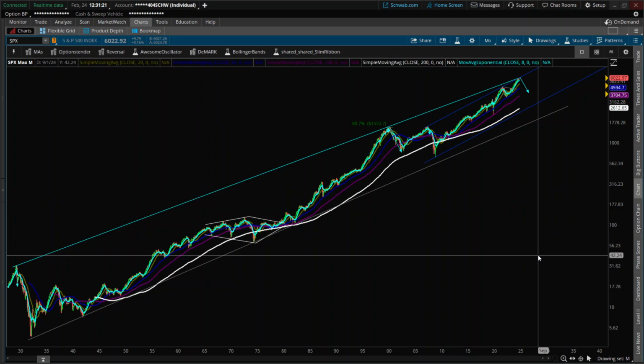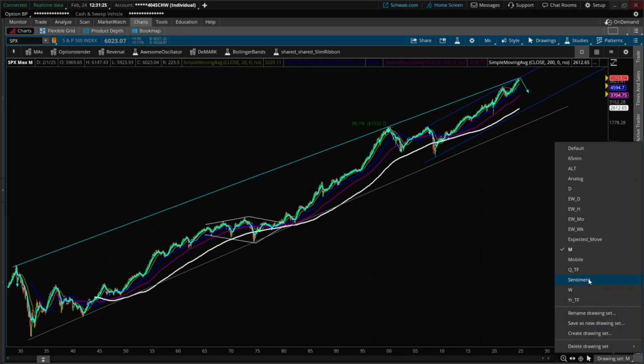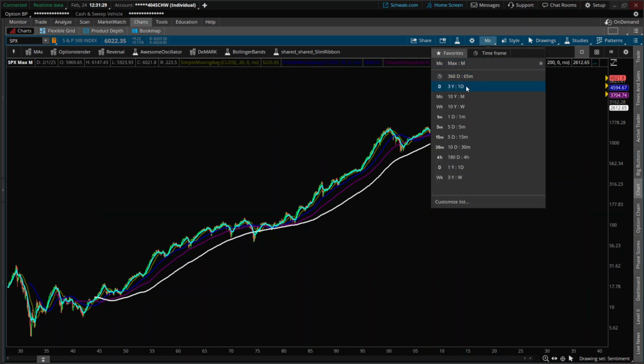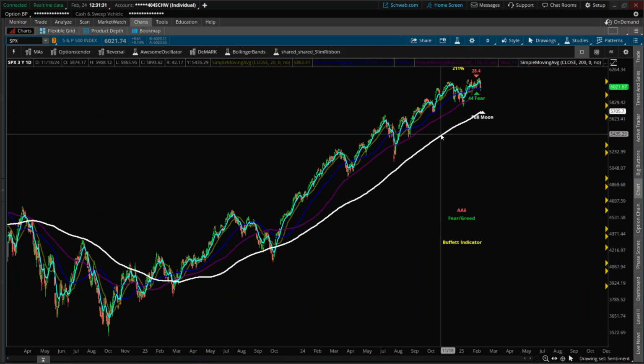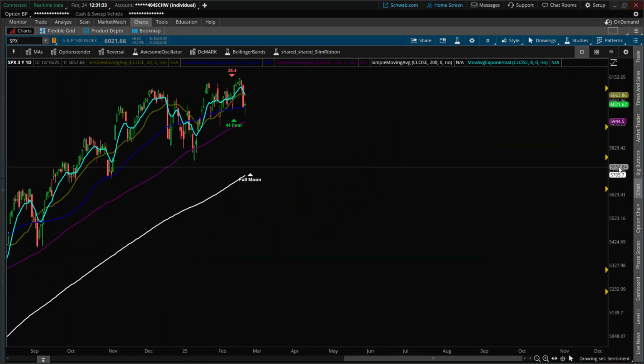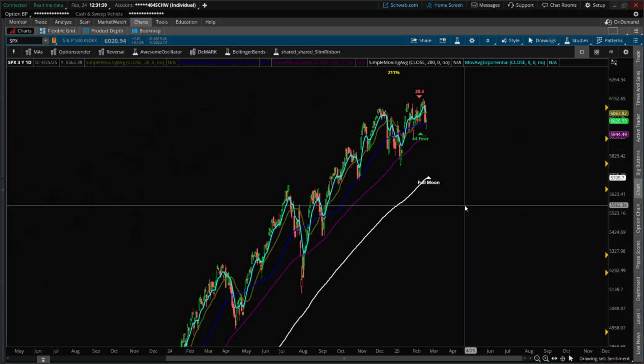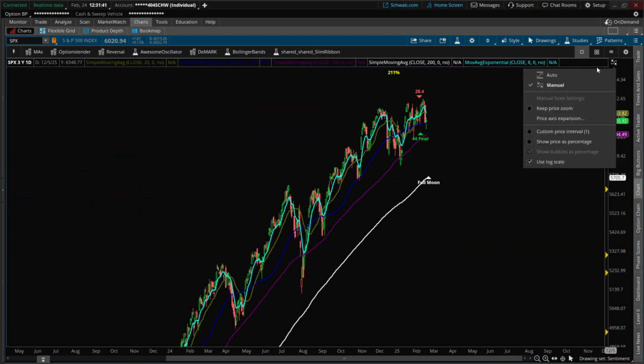Okay, and what I'm going to do is start tracking sentiment, and we'll do this every once in a while, not necessarily the Buffett indicator itself, but I think a lot of people start paying attention to fear and greed, so I want to make sure we have those on our radar.